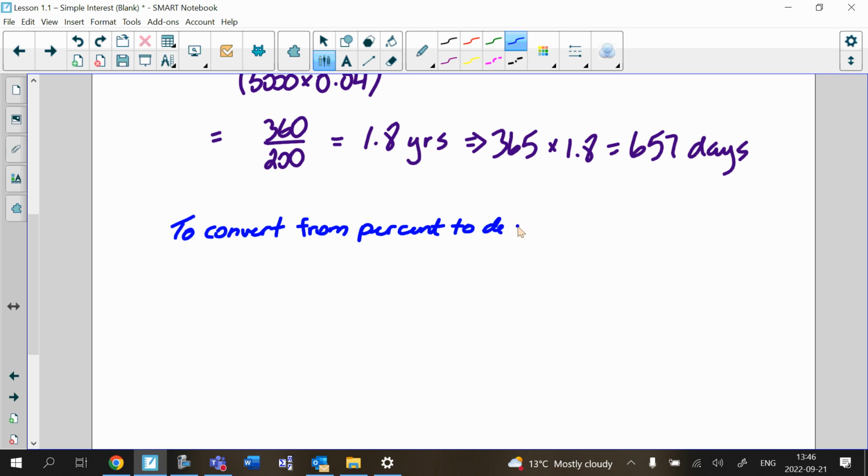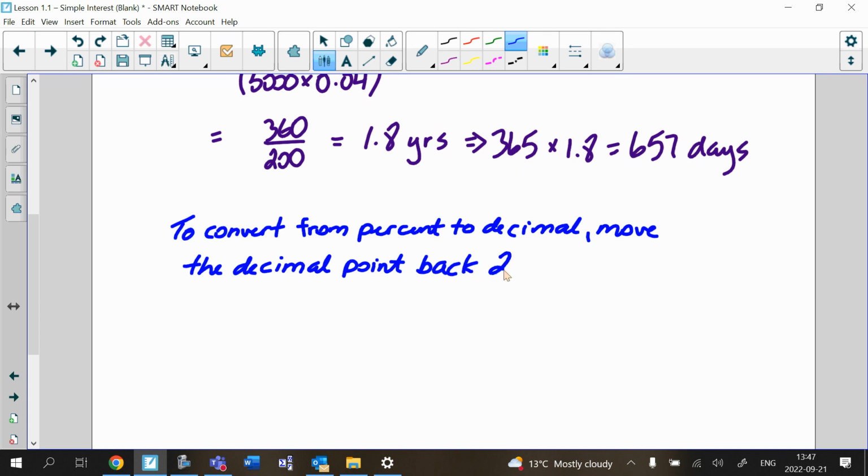So if I wanted to go, say, 6%, well, 6% is the same as 6.0%. To change it to decimal, start at the decimal point here, move it 2 place values back, and you're going to get 0.06 as a decimal. Because you will have to be doing a fair amount of converting between the two, you should be familiar with how to convert.